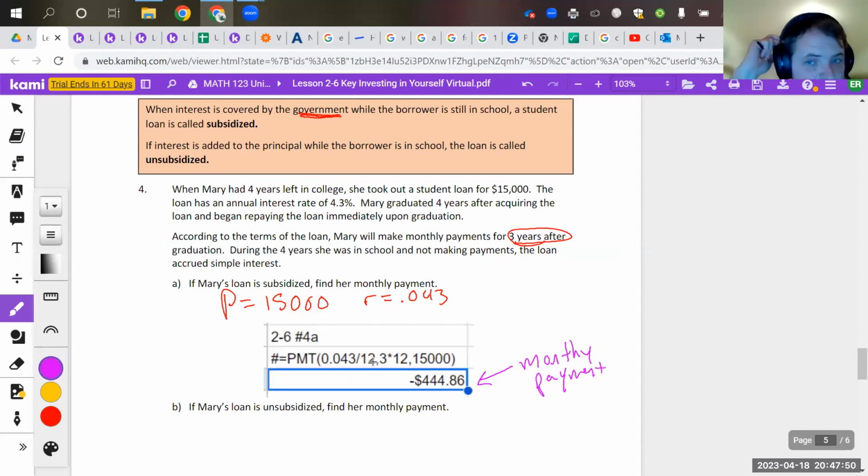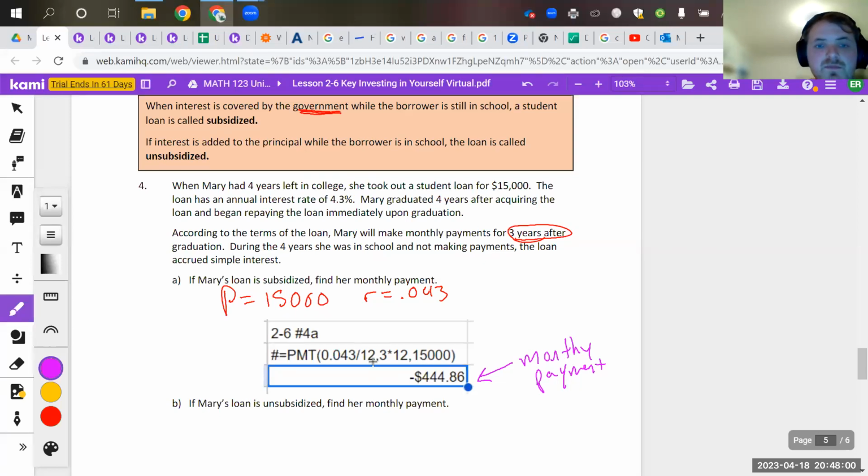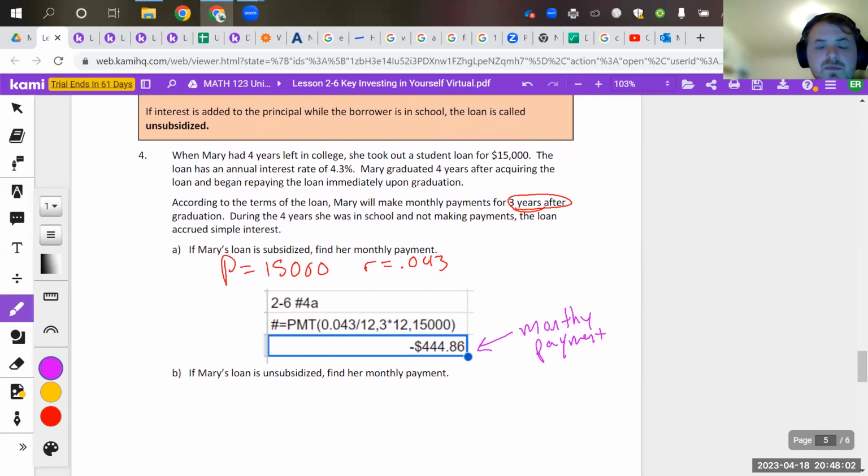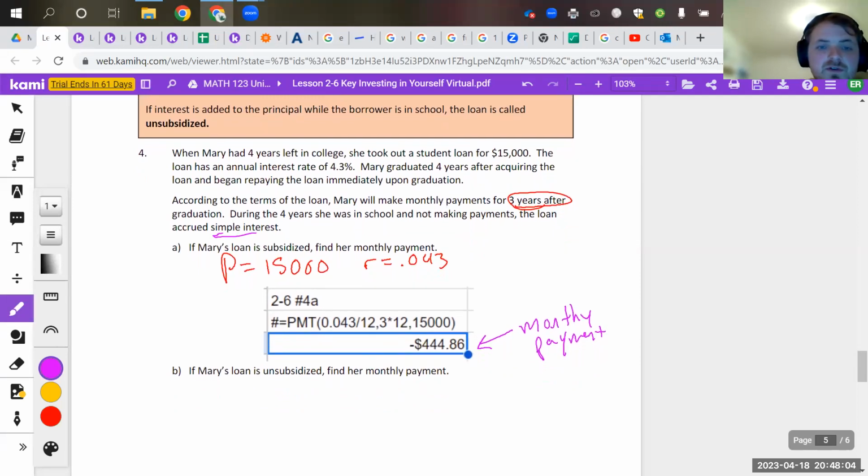Now it's nice, they keep it simple for us. They say if her loan is unsubsidized, it accrues simple interest. Okay. Where did we see that before? Yep, accrued simple interest.